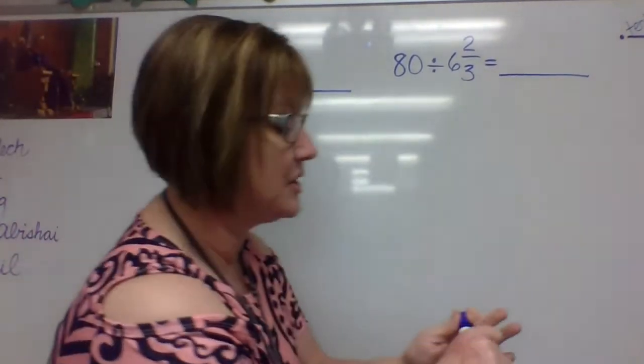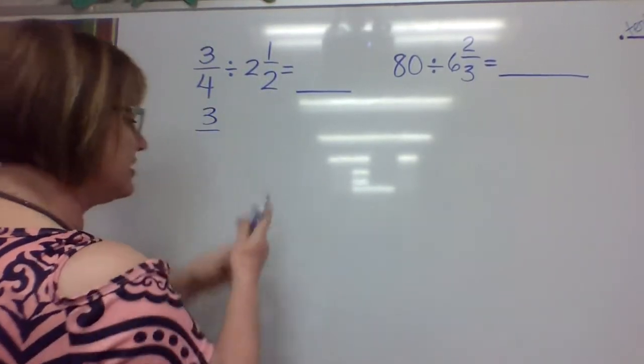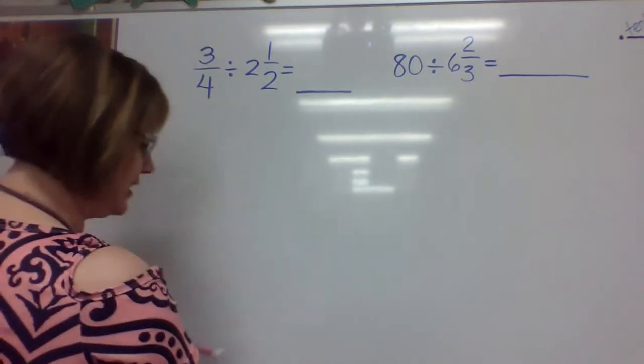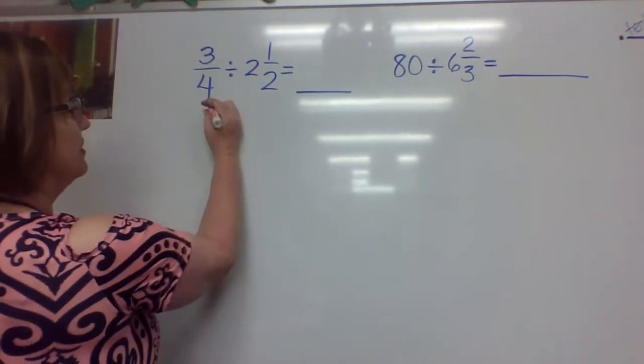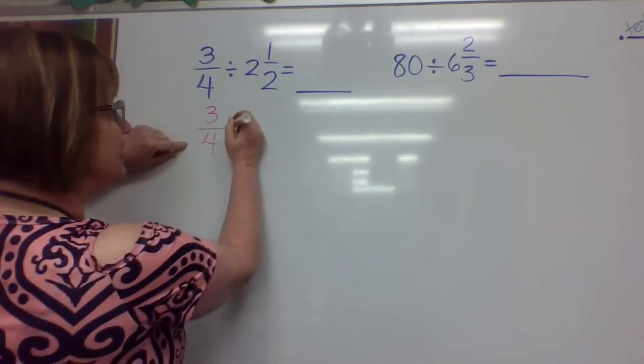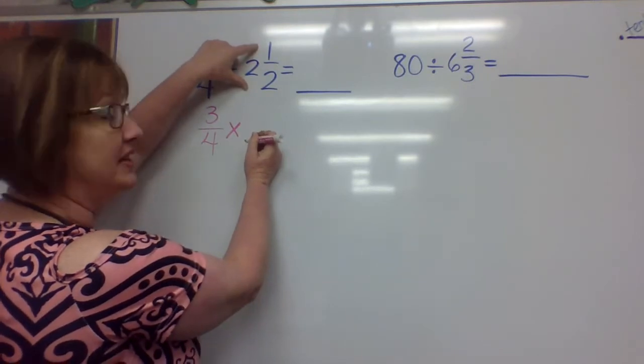Well, let me just start on this one. Okay, 3/4, let me write in a different color so maybe you can see the differences between the problem and the work. 3/4 is the dividend. You can change this to multiply as long as you invert this.